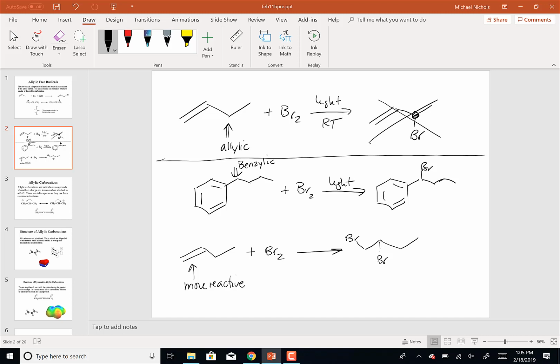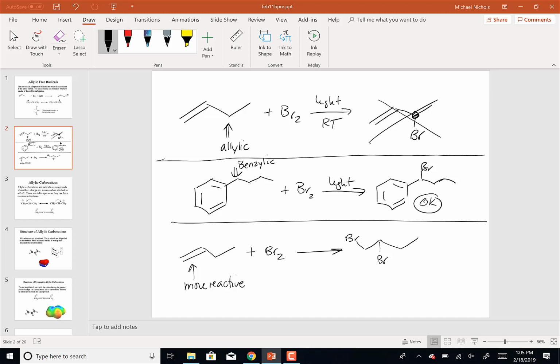It's going to do addition. Now, this reaction with the benzene is okay because bromine will not add to a benzene ring by itself. The benzene ring is too stable, which we'll see at the end of this week, beginning of next week.